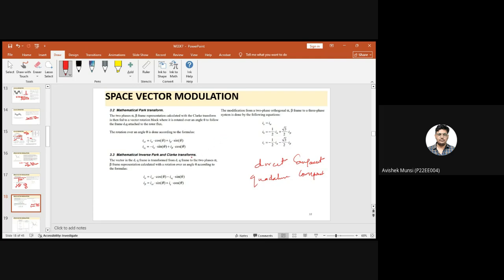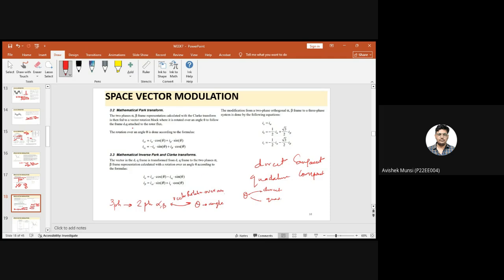After transforming my three-phase components into two-phase components alpha beta, if we rotate them by a vector rotation over an angle, suppose theta, this rotation can be done in two ways: one is direct, another one is quadrature.